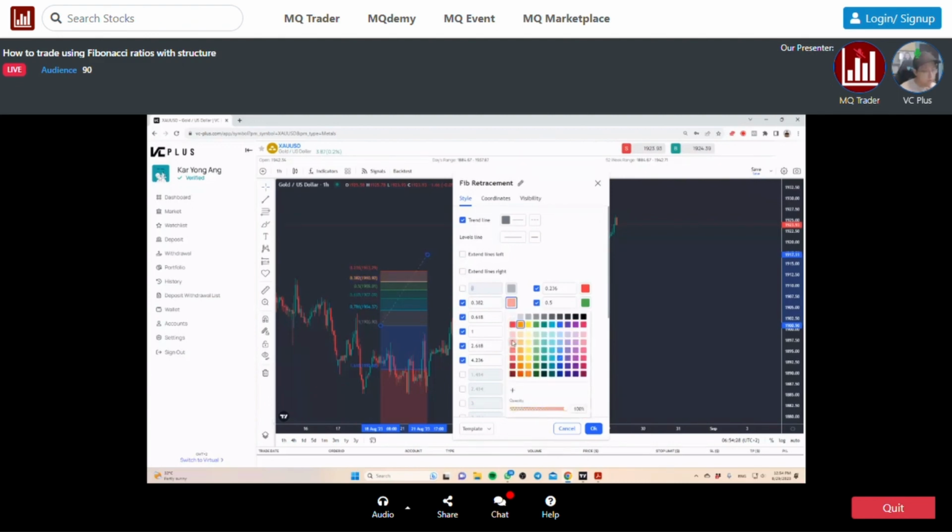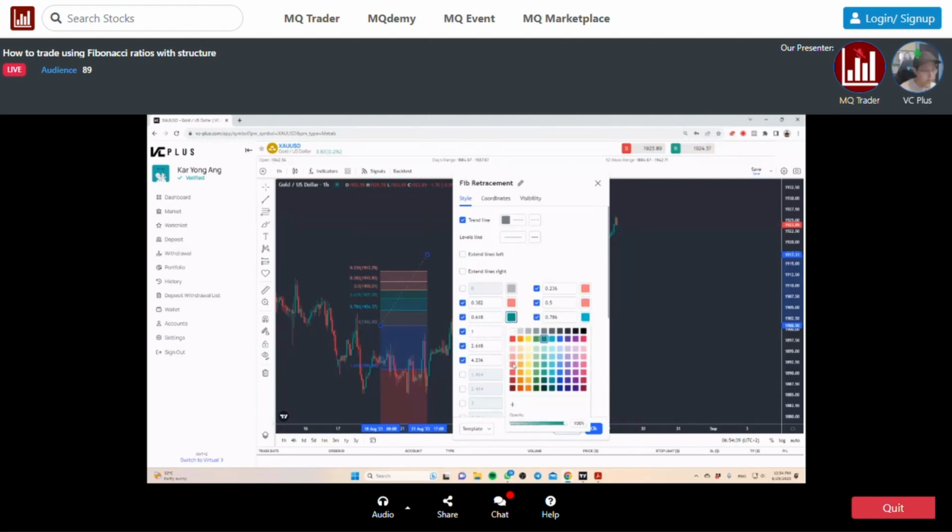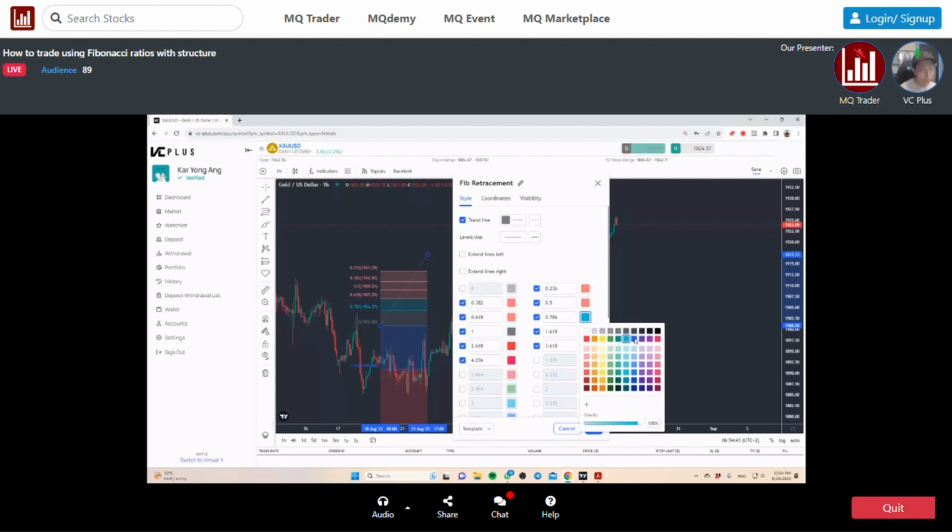Usually we'll do a color for the 236 straight to 50 and 618. Okay, so this is how we update this. So 786 to blue. We take this blue.